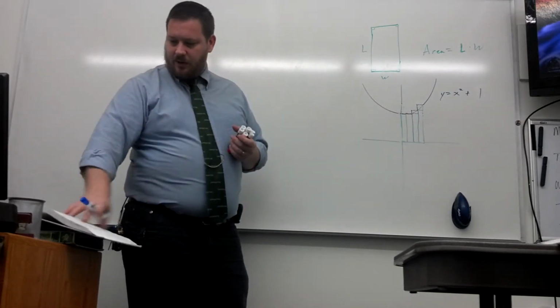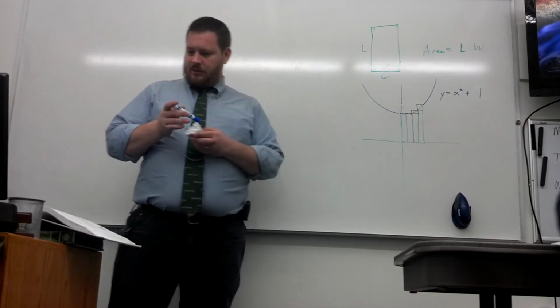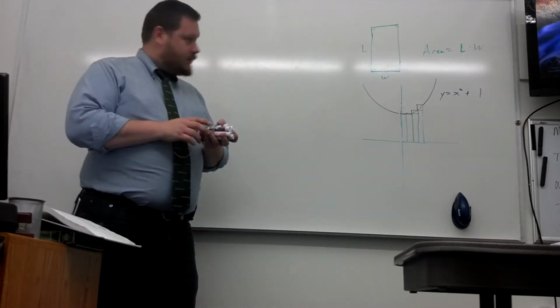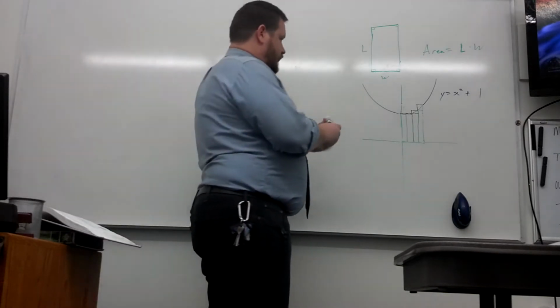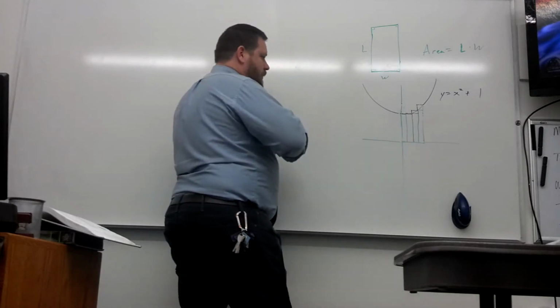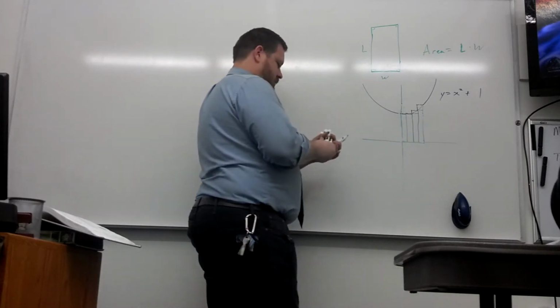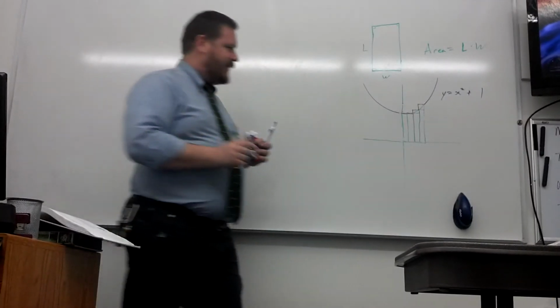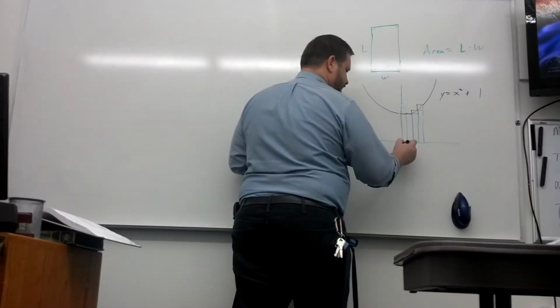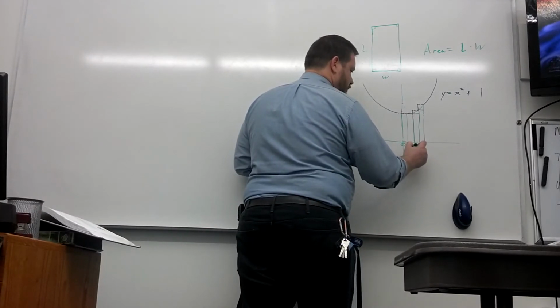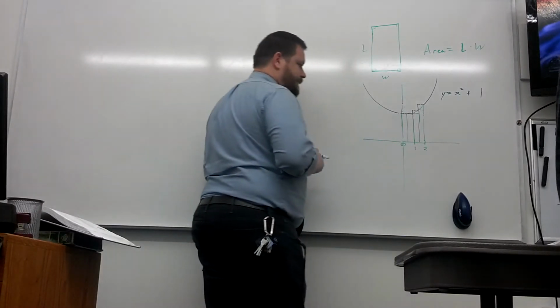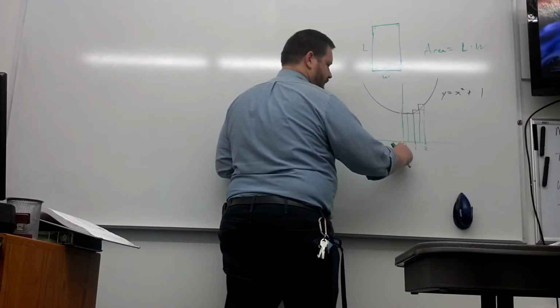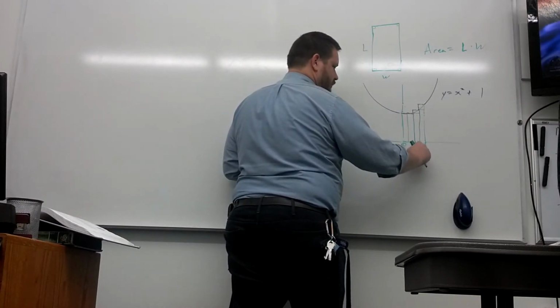And let's walk through a couple of these. Following their example, this would be at 0. This would be 1, and this would be 2. So we have 0, 0.5, 1, 1.5, 2.